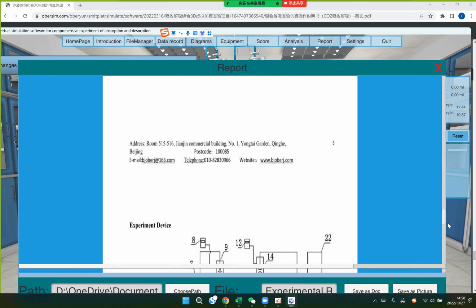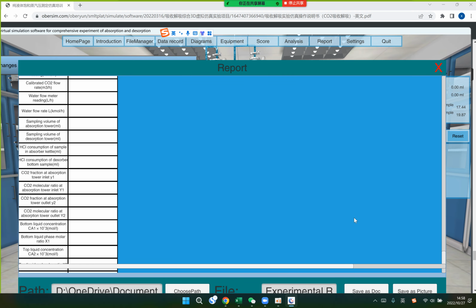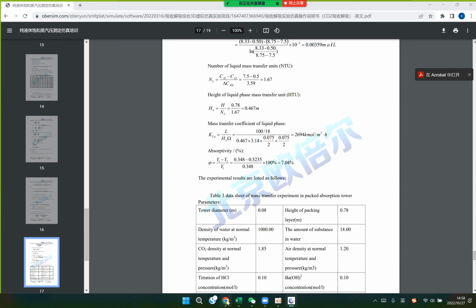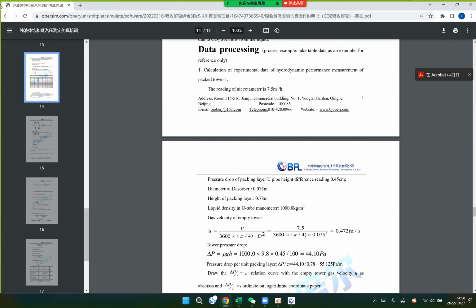There are two kinds of calculations. First is the hydrodynamics performance calculations, and also the mass transfer coefficient calculations. You may find examples of both in the guidance. The guidance is at the bottom of the main page of this experiment.